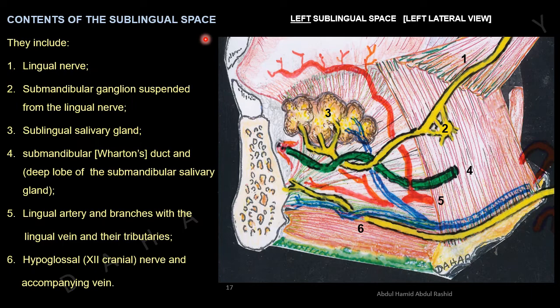The contents of the sublingual space include number 1, the lingual nerve; number 2, the submandibular ganglion suspended from the lingual nerve; number 3, the sublingual salivary gland; number 4, the submandibular duct and deep lobe of the submandibular salivary gland; number 5, the lingual artery and branches together with the lingual vein and tributaries; and number 6, the hypoglossal, that is the 12th cranial nerve, together with the accompanying vein.